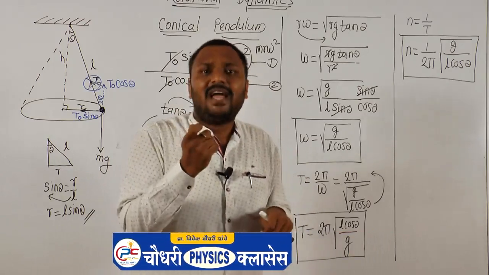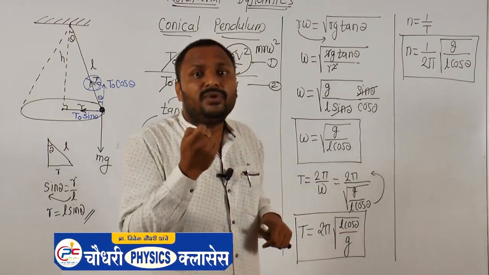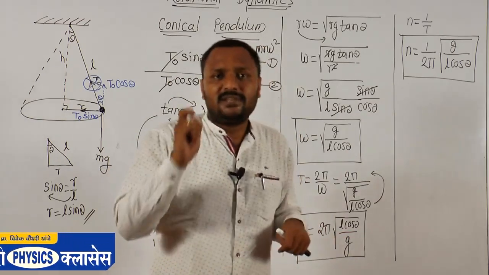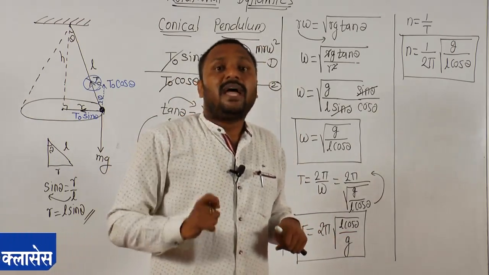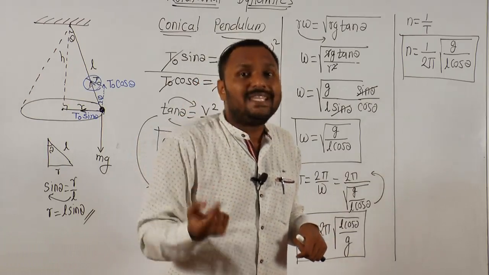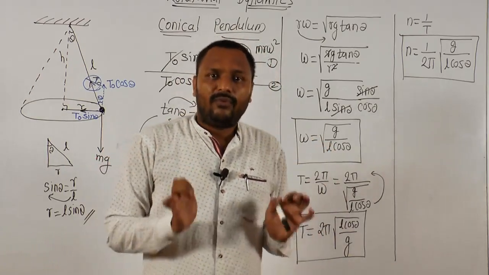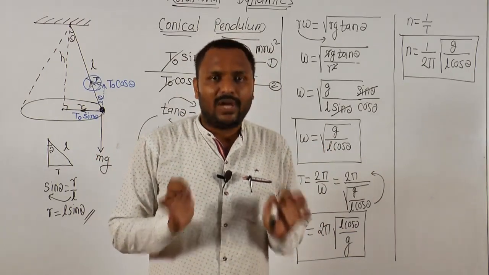Then what is the velocity with which that vehicle can easily cross this speed breaker without losing contact with the road? Here we find the value of this velocity.